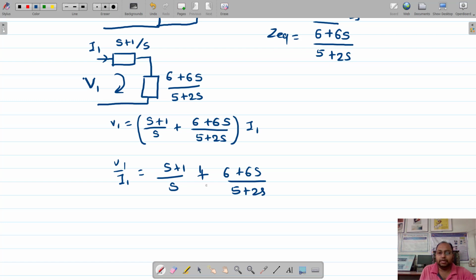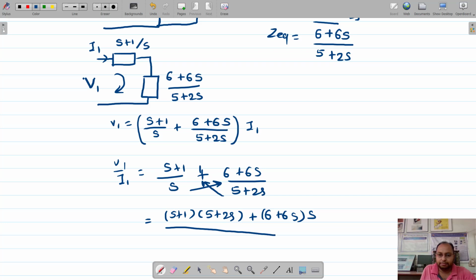Now let us do the cross multiplication and simplify: s plus 1 multiplied with 5 plus 2s plus 6 plus 6s multiplied with s, divided by s into 5 plus 2s.